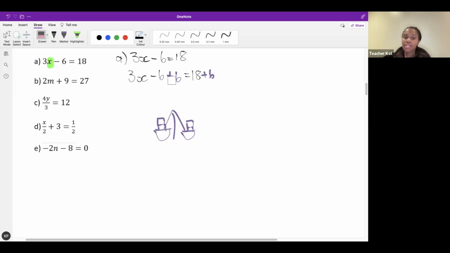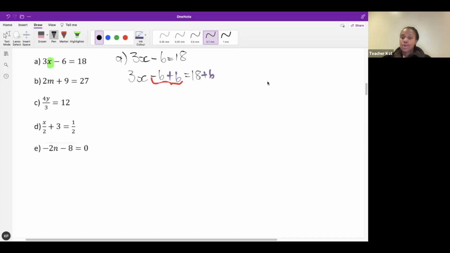So this number doesn't just jump over and move to the other side, okay? That's actually the inverse, which we applied on both sides. The only reason we don't see it any longer on my left is because what happens? What will negative 6 plus 6 do? What will happen there? They will cancel out or disappear or become 0.